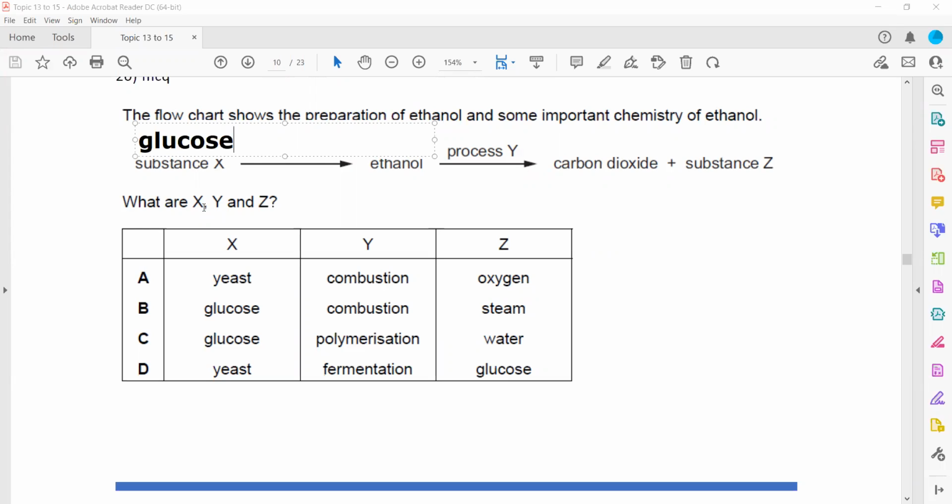Glucose, due to fermentation, converts into ethanol, and when we burn ethanol, that is combustion. Combustion of ethanol produces carbon dioxide and water, or you can also say steam, because the temperature is high. So B will be the right answer.